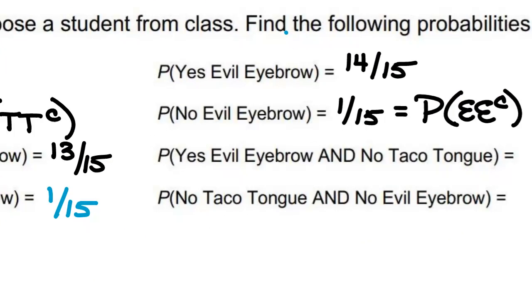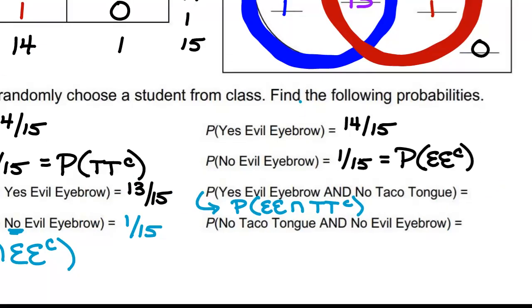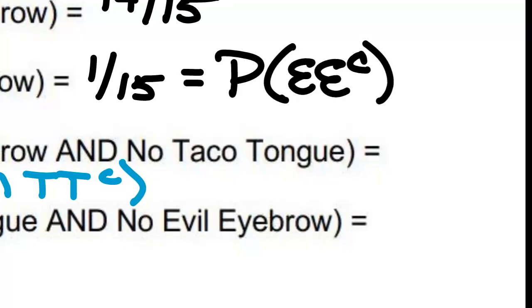Yes, evil eyebrow, and no Taco Tongue. So probability EE, intersection, TT complement. So yes, evil eyebrow, so I'm looking inside here, but no to Taco Tongue. What do we got for our probability? 1 out of 15.